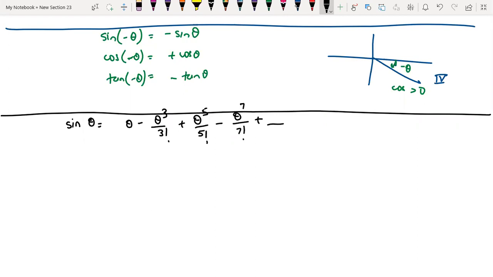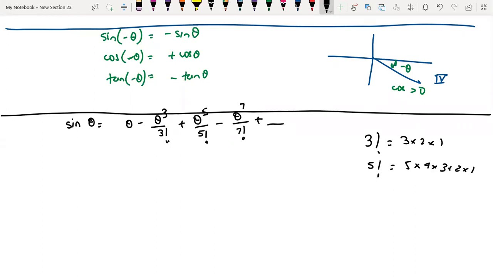Do you know what factorial means? What is the meaning of factorial? Sir, multiplication. 3 factorial is 3 into 2 into 1. Yes. 5 factorial is 5 into 4 into 3 into 2 into 1.